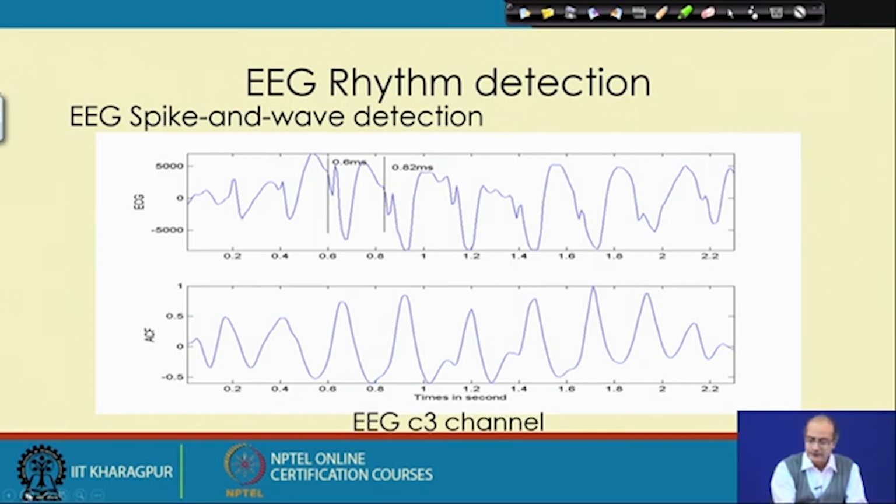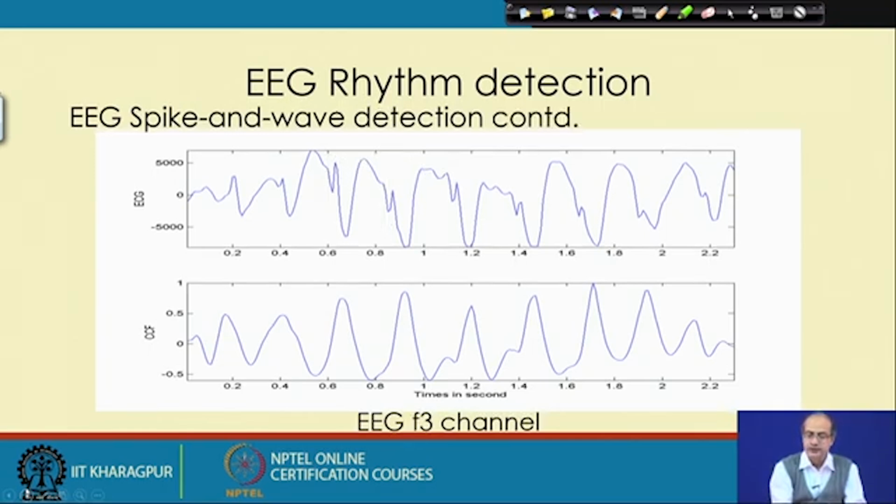Now, we go for another channel, that is the F3 channel, and there also we see a similar kind of pattern for spike and wave detection, but as we are not experts, we are not sure whether we can call it that a spike and wave is present or not.